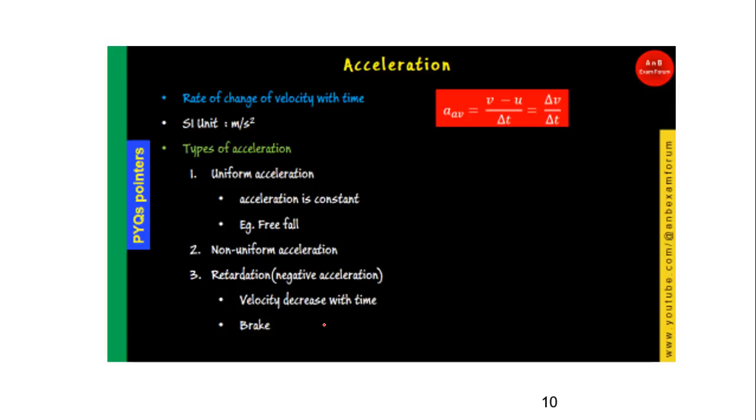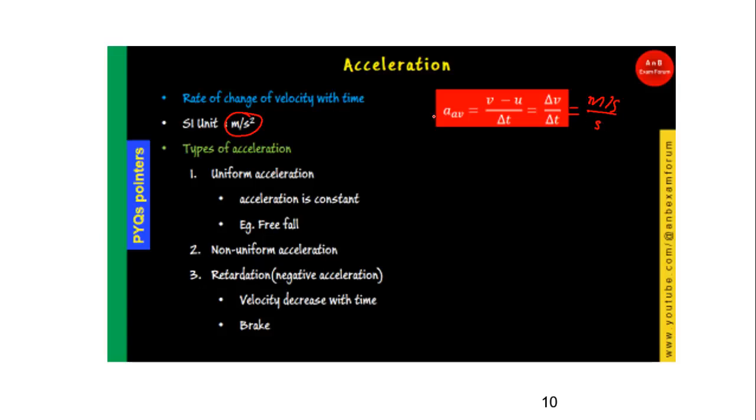And in the theory part, we have seen about acceleration. It is basically rate of change of velocity, change in velocity by time. And the SI unit is meter per second square. You can derive it with the formula. The velocity is meter per second and time is second, so it becomes meter per second square.